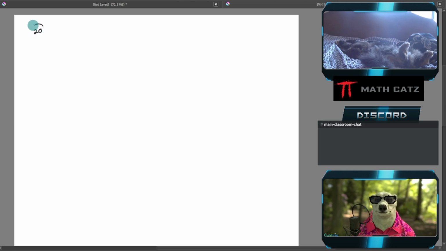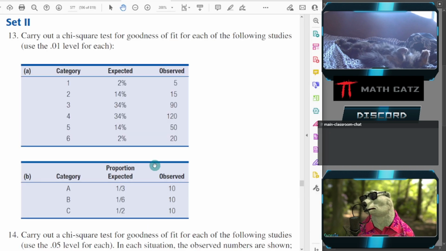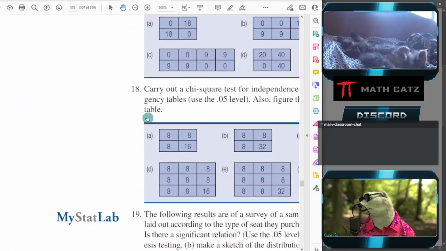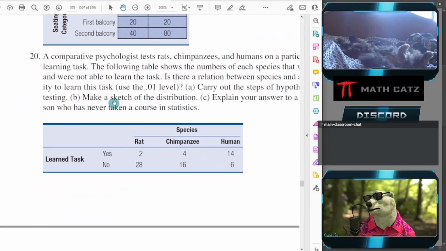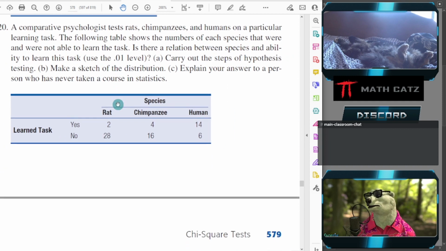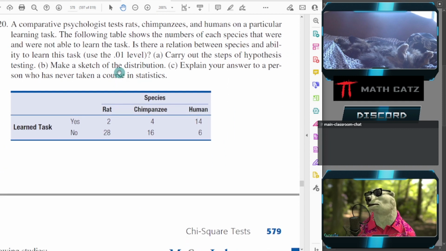And the one we're going to look at is going to be number 20. So let's go to number 20. Scroll, scroll, scroll. 20 is over here. It has a little bit more of a story, so let's read it first. A comparative psychologist tests rats, chimpanzees, and humans on a particular learning task.